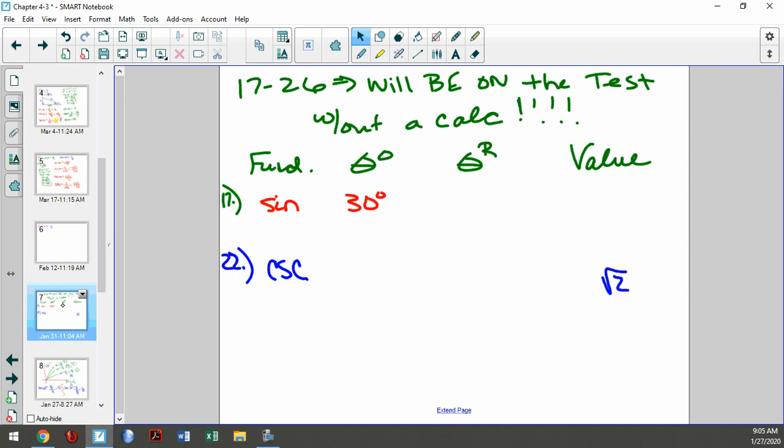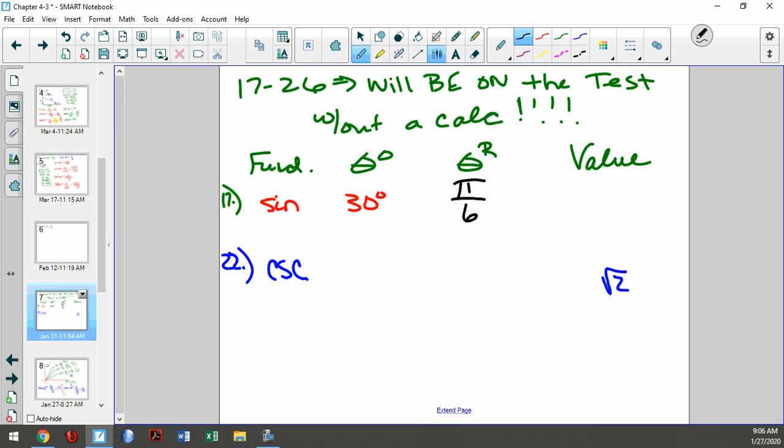Now, number 17 says the sine of 30 degrees. Well, 30 degrees is what radian equivalent? What's the radian measure of 30 degrees? Pi over what? Pi over 6. Now, what is the sine value of pi over 6?